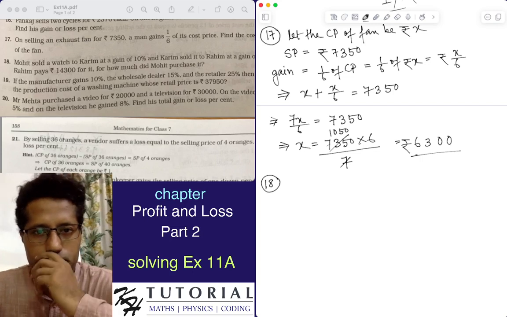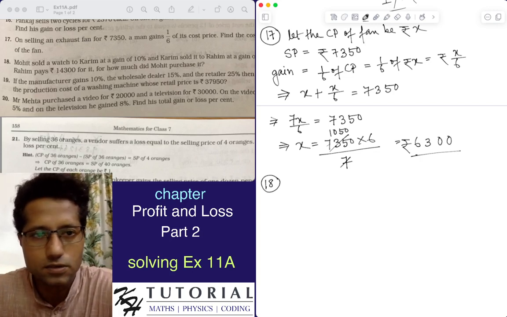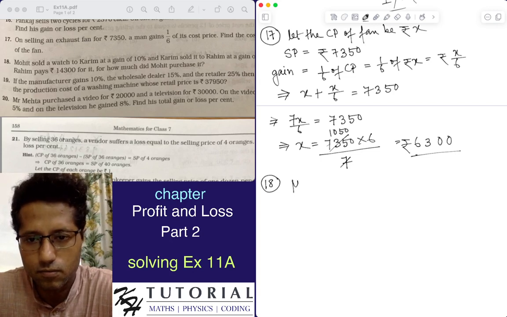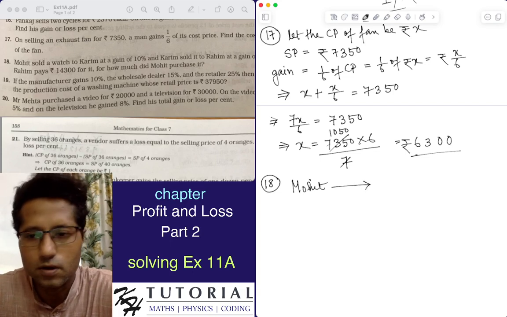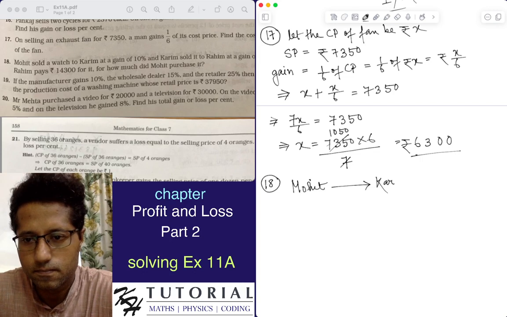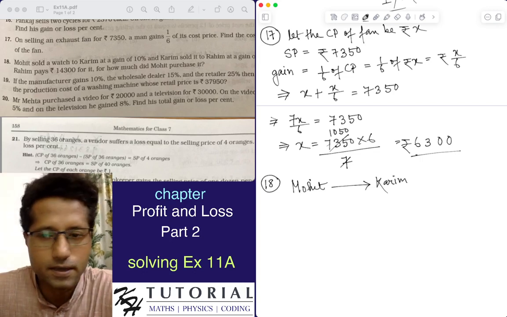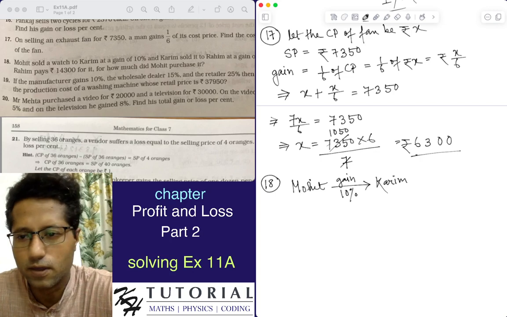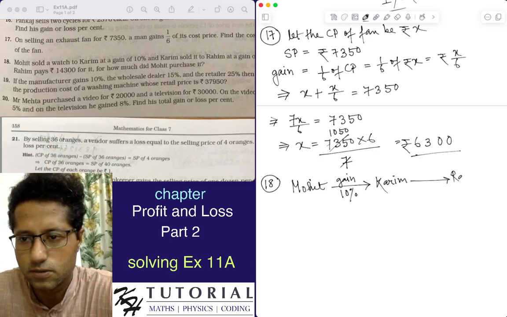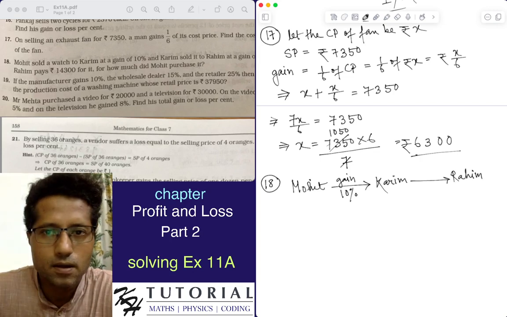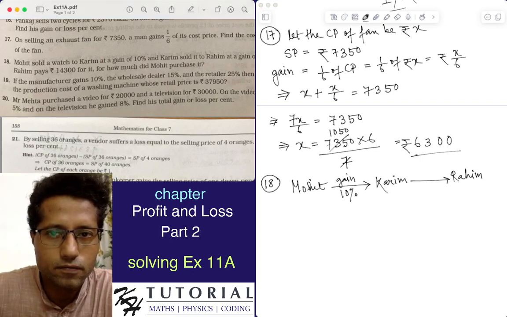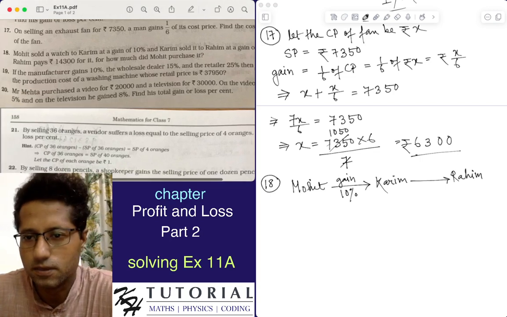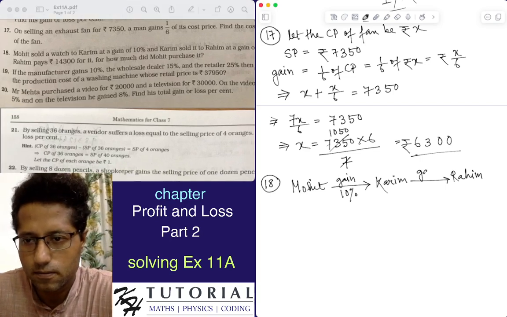Okay, so now the scenario is like Mohit sold the watch to Karim with a gain of 10%, and Karim sold the watch to Rahim at a gain of 4%.